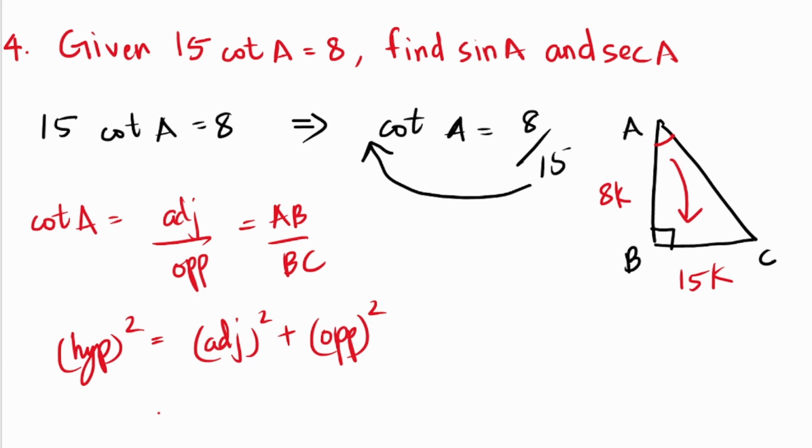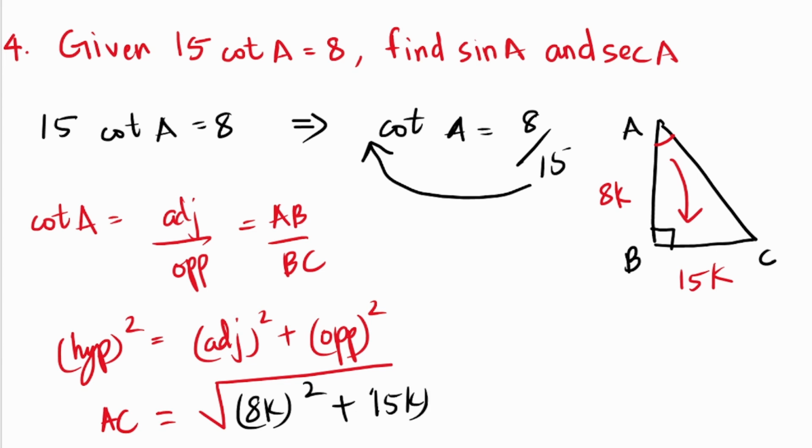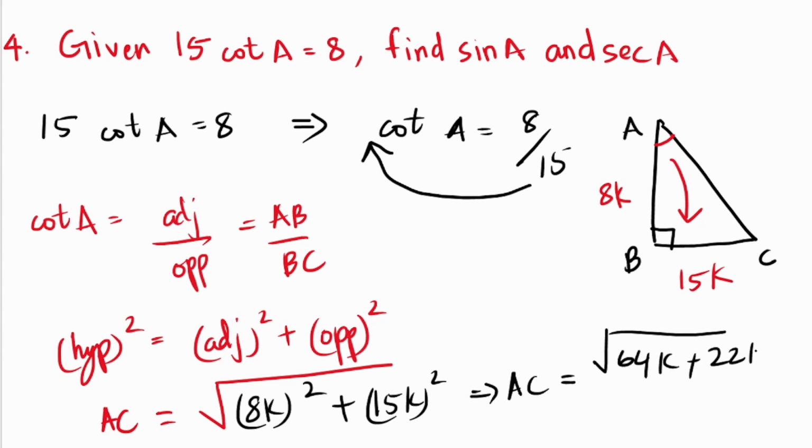So AC is root of 8k square plus 15k square, that is root of 64k square plus 225k square. 15 square is 225.